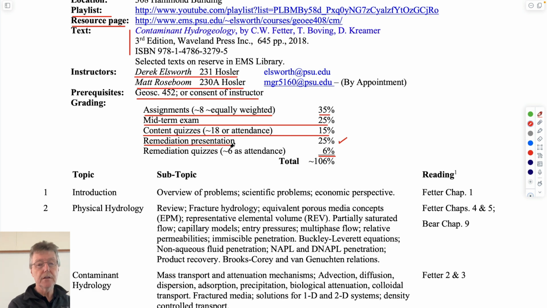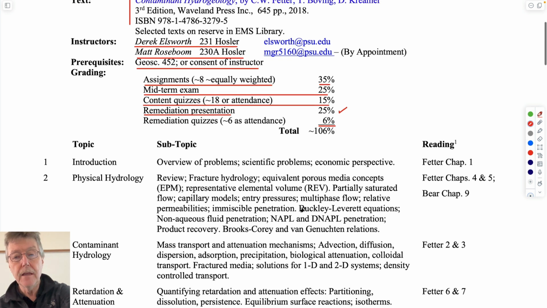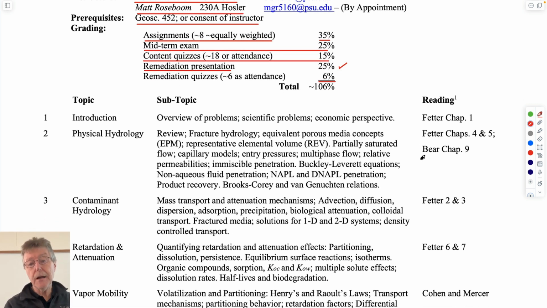So that's basically the content of the class. It follows the book chapters that we have.